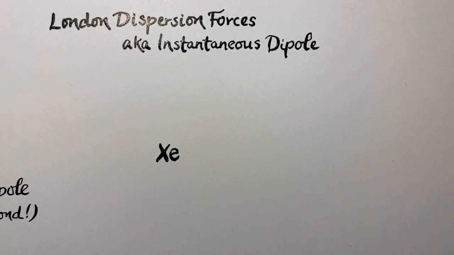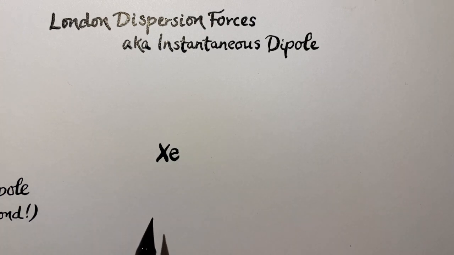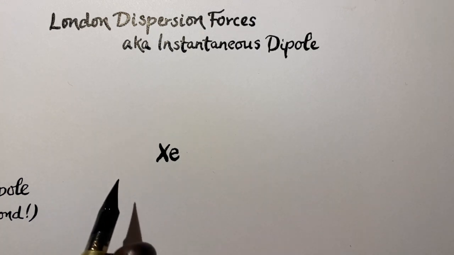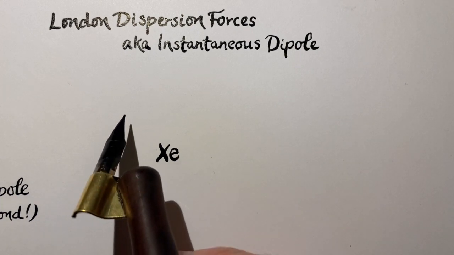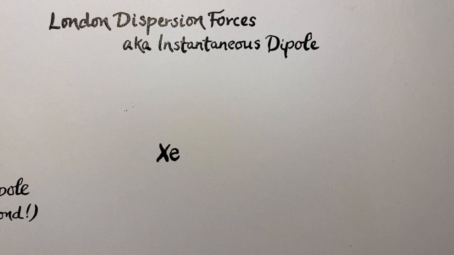So that means that a xenon atom has 54 protons and 54 electrons around it. So that's a lot. That's definitely on the bigger side, so it's a pretty big atom.